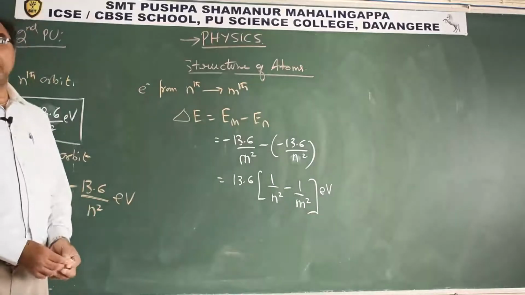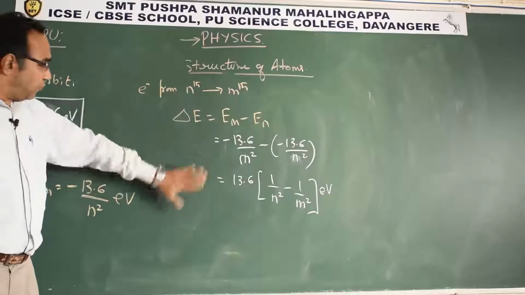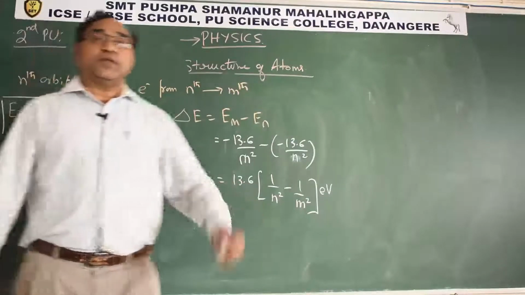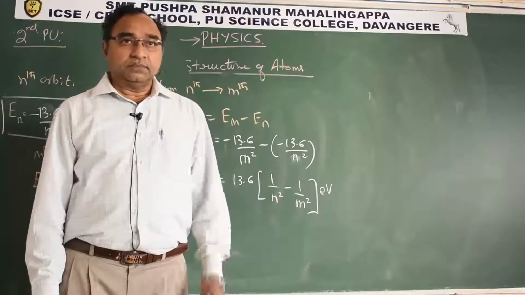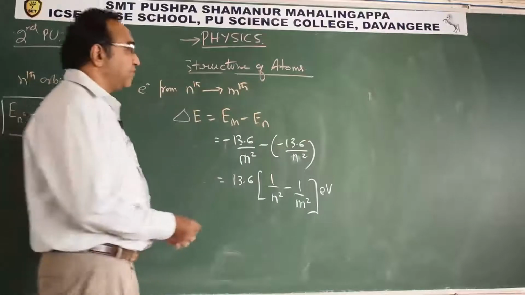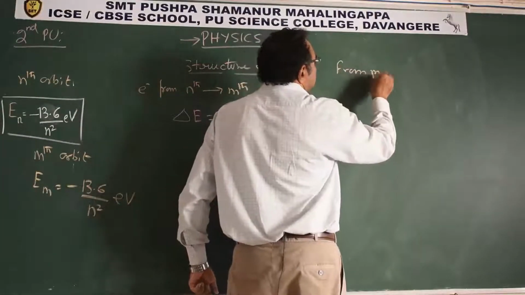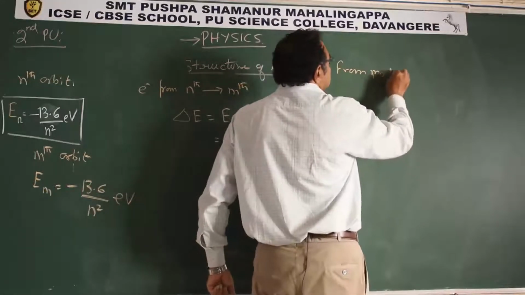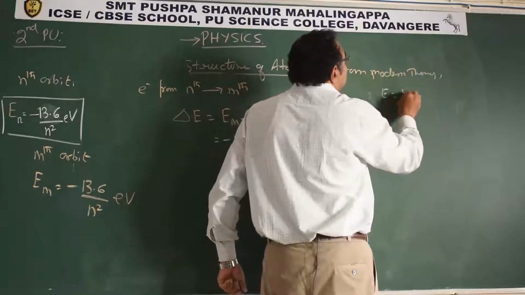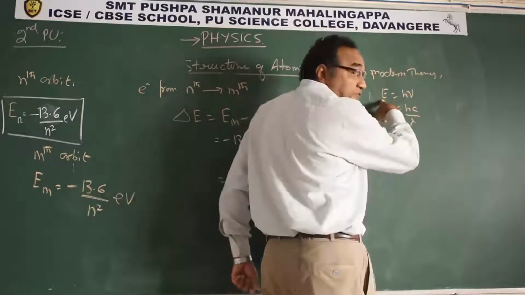Now see the beauty of this equation. Till this point we can say it is Bohr's theory only. We have not done anything new. After Bohr came the modern theory, Planck's theory. In Planck's theory, or the modern theory, E is equal to h nu, that is hc by lambda, the energy released.